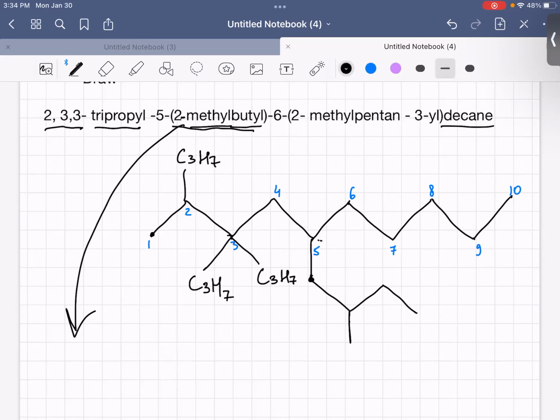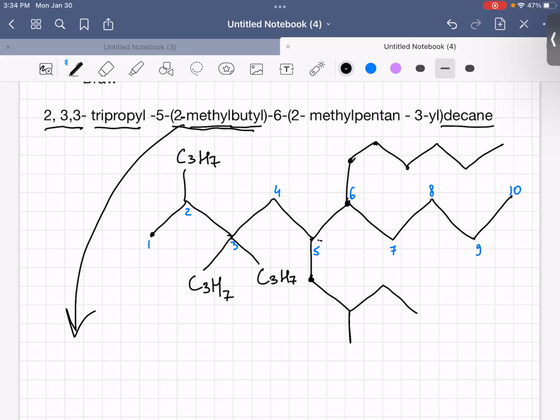Okay. Then on carbon number 6, there's a 2-methylpentane. So again, pentane. So 1, 2, 3, 4, 5, right?